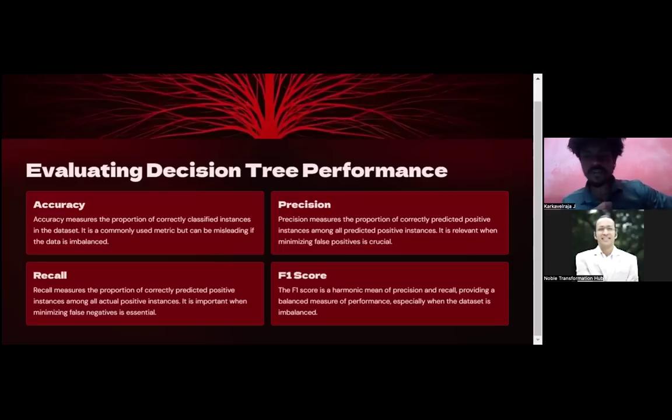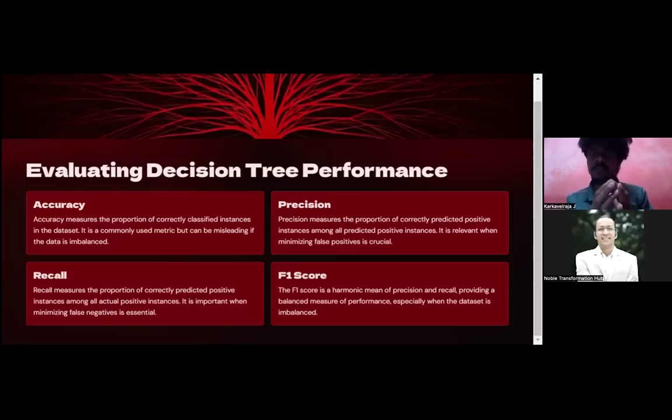Then the F1 score is the harmonic mean of precision and recall, providing a balanced measure of performance, especially when the dataset is imbalanced. The most often used metric is accuracy, but it has a problem: whenever there is an imbalanced dataset, we can't rely on accuracy.